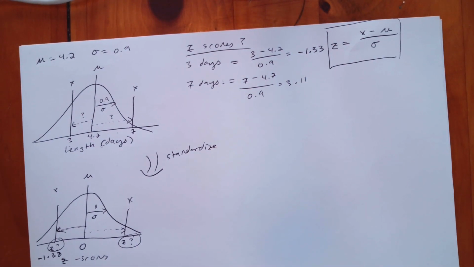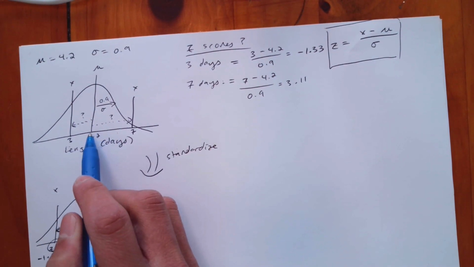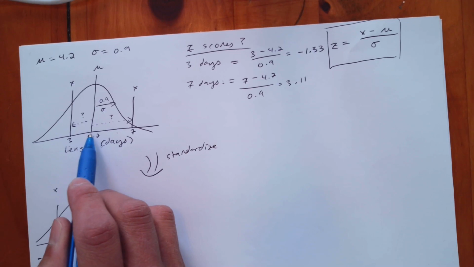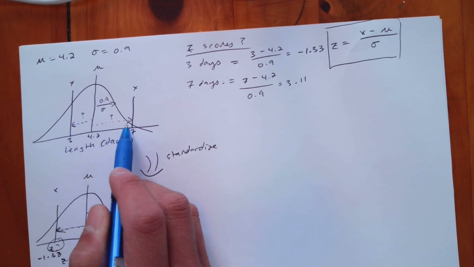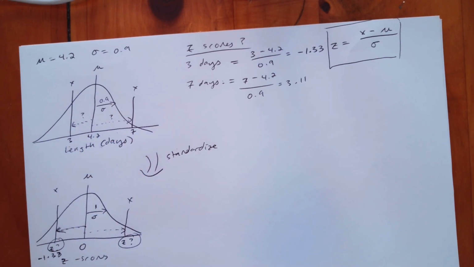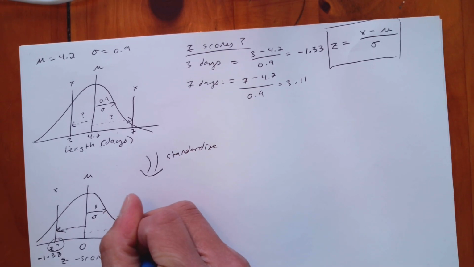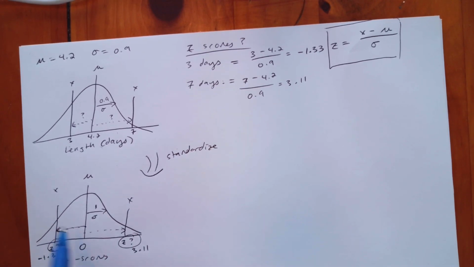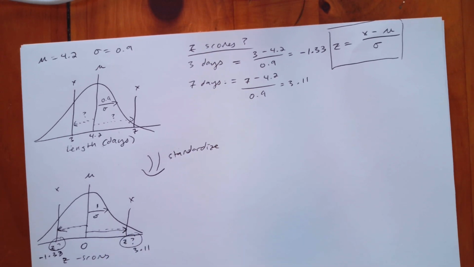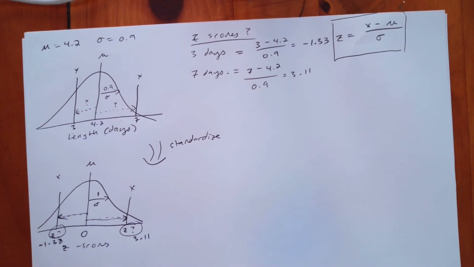And what this tells us is that if you start at 4.2, you have to do 3.11 standard deviation jumps in order to get out to 7. So we've got a z-score here of 3.11. Again, that tells us that we're going out 1, 2, 3, and then a little bit more standard deviations before we hit this value of 7.